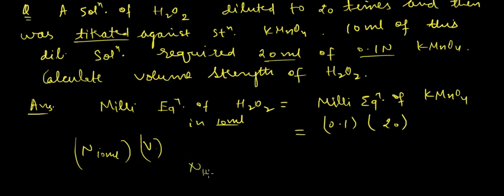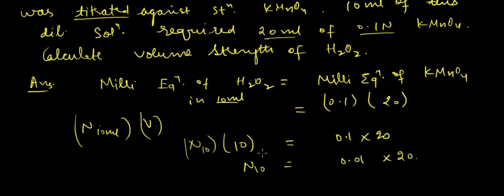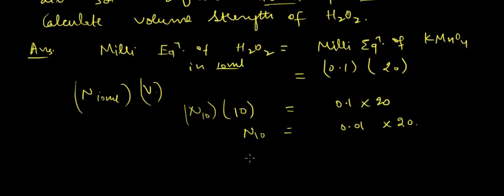So N in 10 ml multiplied with 10, I am just writing 10 as a subscript of N. This implies the normality of H2O2 in 10 ml solution would be 0.1 into 20. So we can write that normality would be 0.01 into 20. Okay, so in 10 ml, this is the normality.